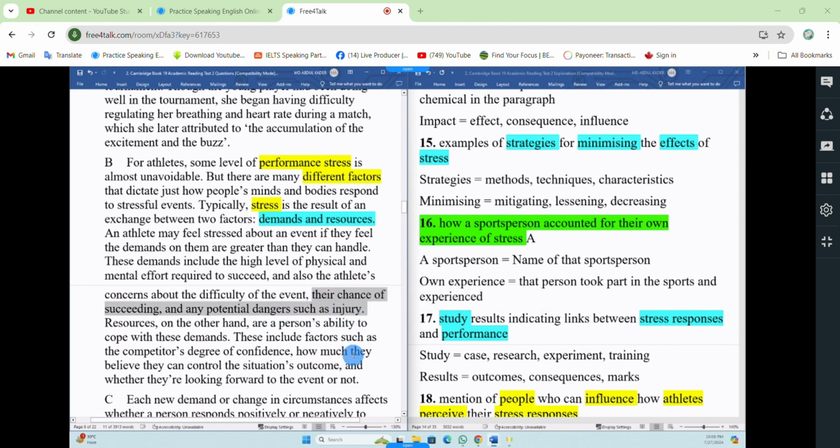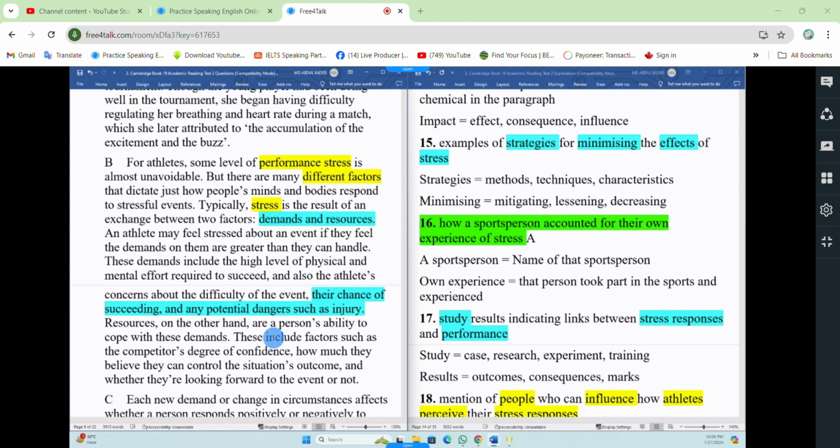Okay, so look at this last sentence: their chance of succeeding, also any potential danger such as injury. So the demand is high, and the physical and mental effort required to succeed is also high, and also the athlete's concern about the difficulty of the event.